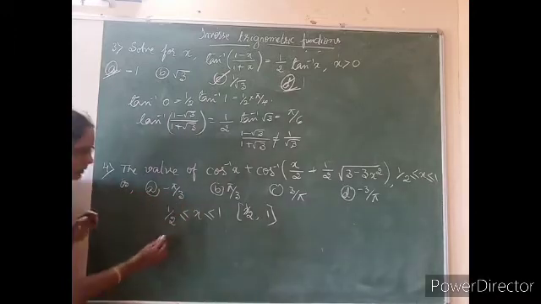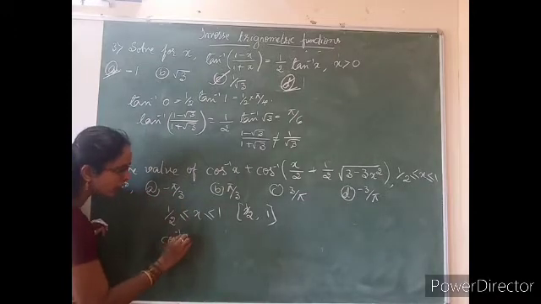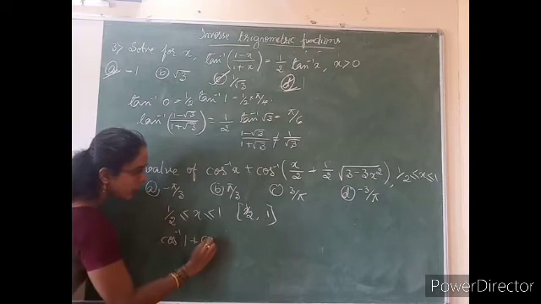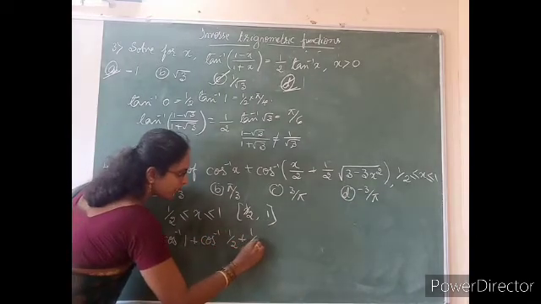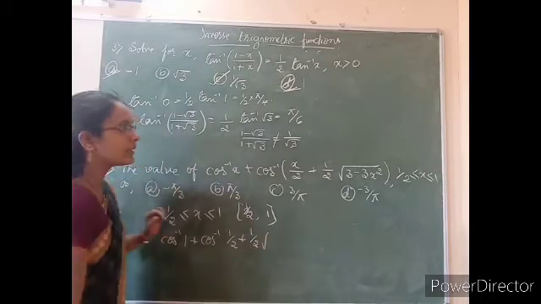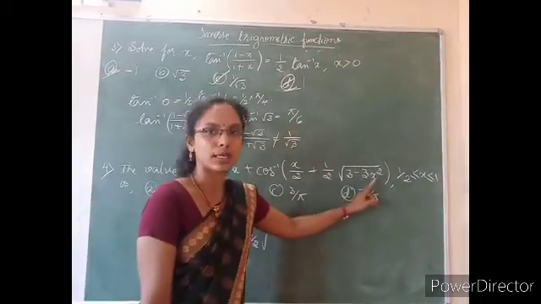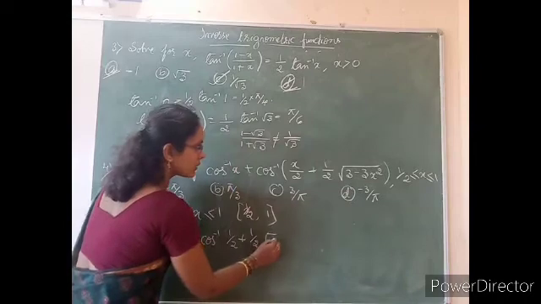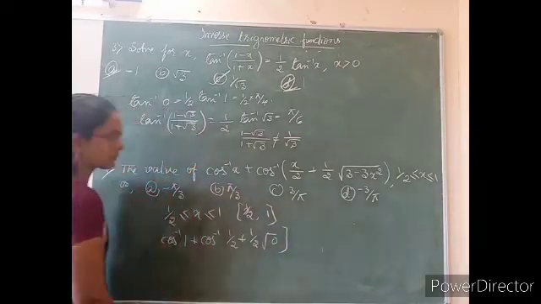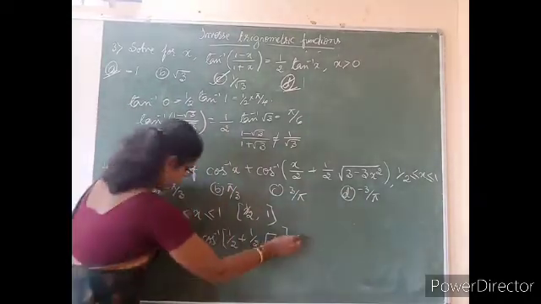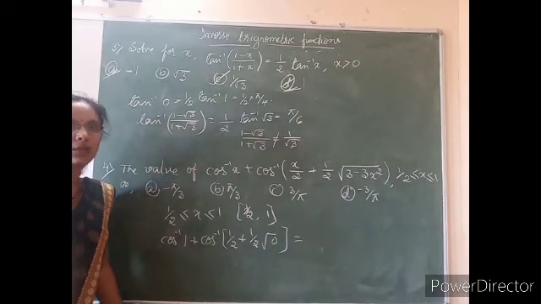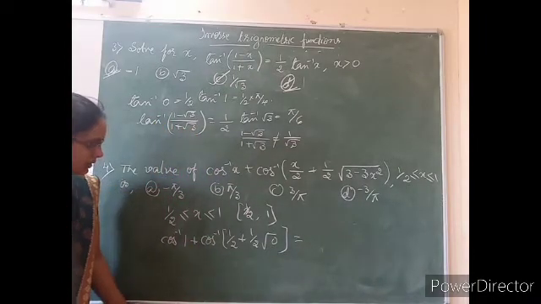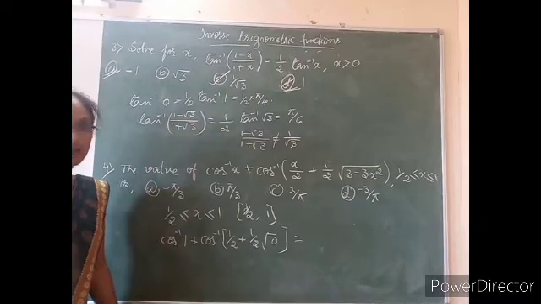So substitute here: cos inverse of 1 plus cos inverse of 1 by 2 plus 1 by 2 into square root of 3 minus 3 into 1. 3 minus 3 is 0, so this term is 0 here. So cos inverse of 1 is equal to 0. You know that cos inverse of 1 is equal to 0.